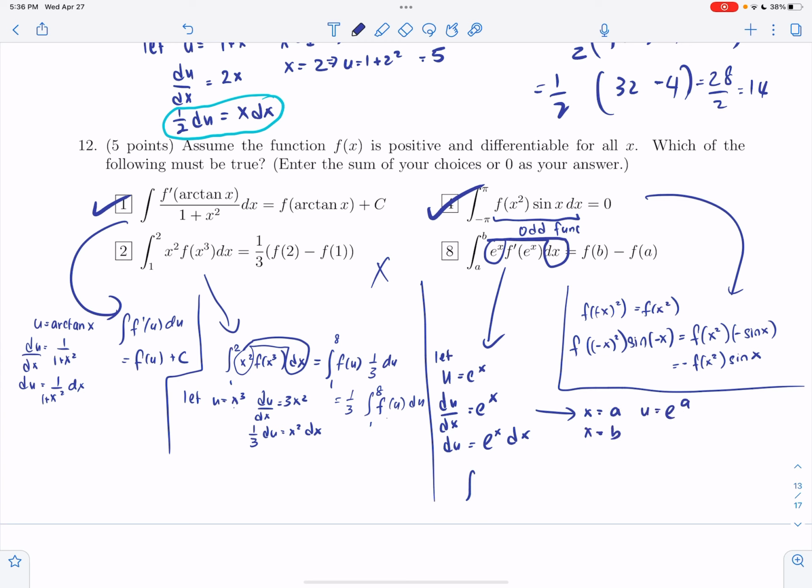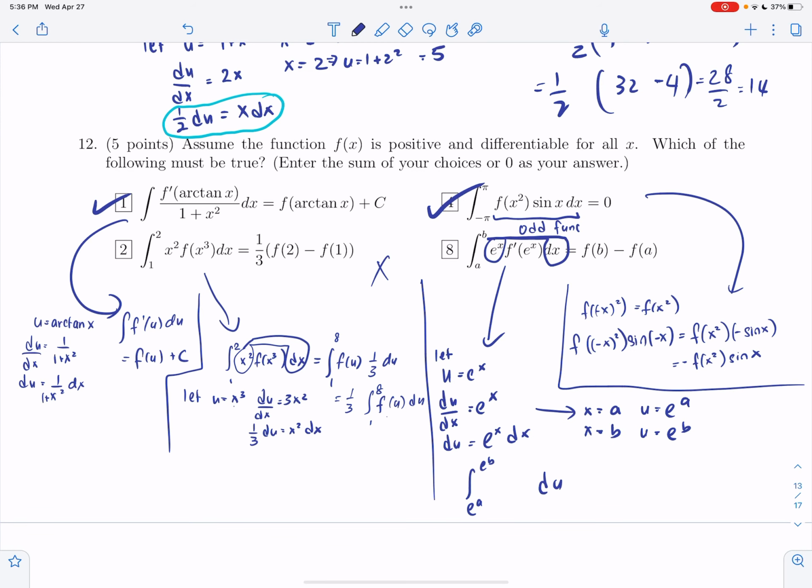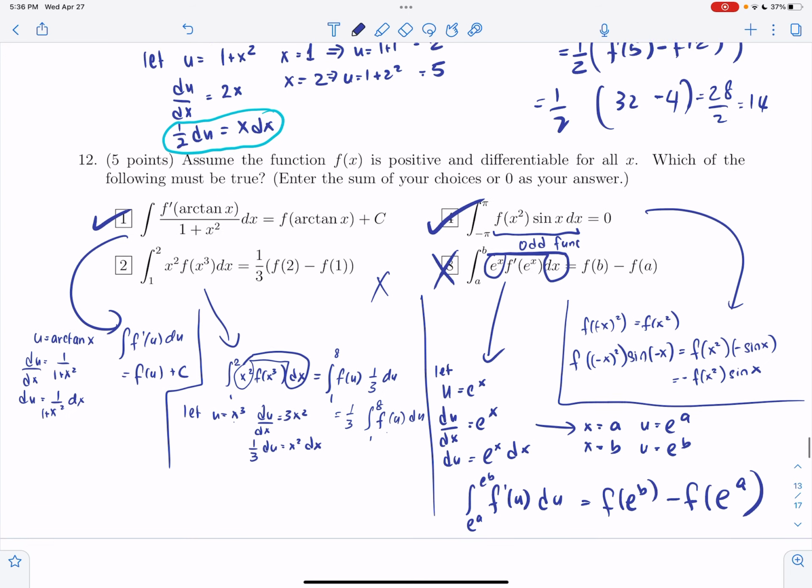When x is b, u is e to the b. So the integrand becomes f prime of u du. What will this be? f of e to the b minus f of e to the a. So it is not f of b minus f of a.